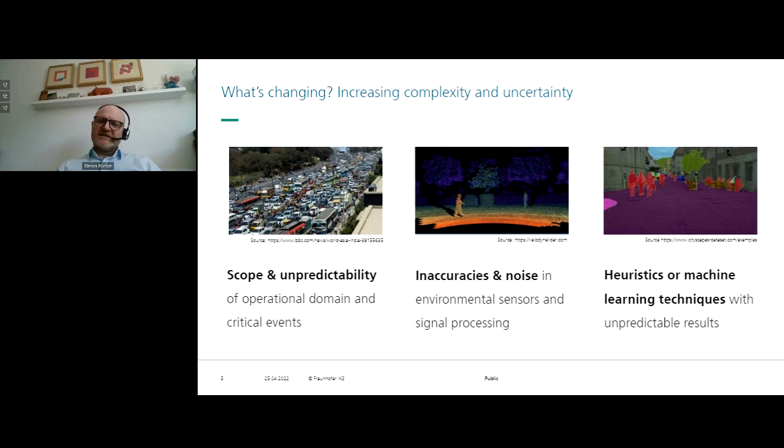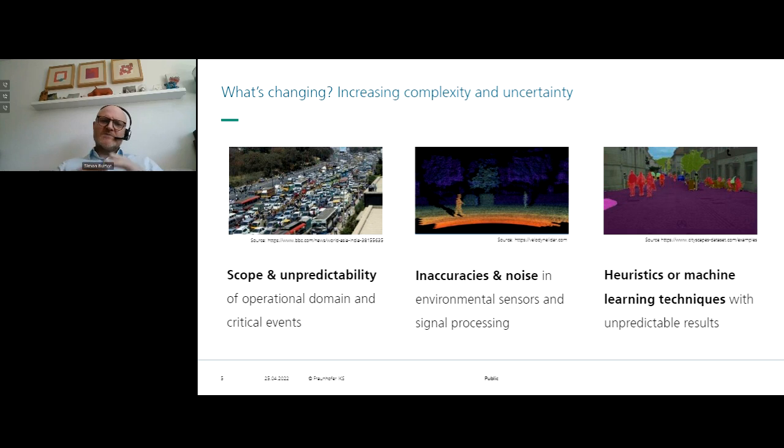So what's changing? In general, in a nutshell, we can say that the systems and their environments are becoming more complex and the level of uncertainty in these systems is increasing. So for example, let's start off with the environment.